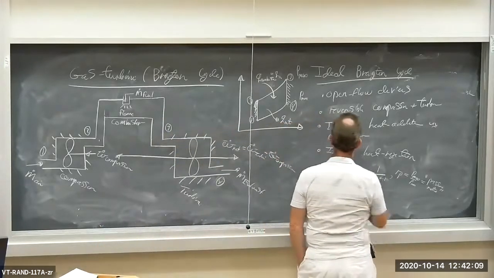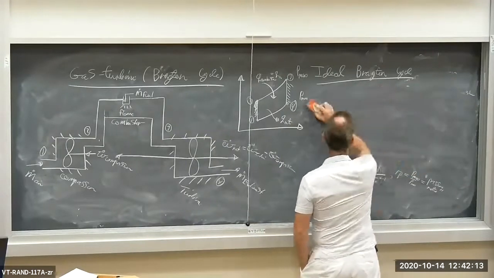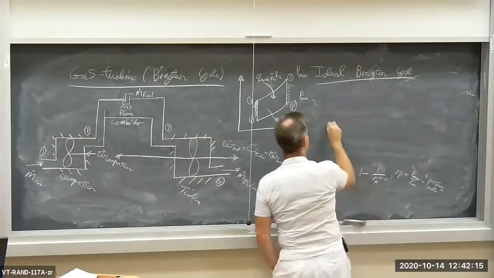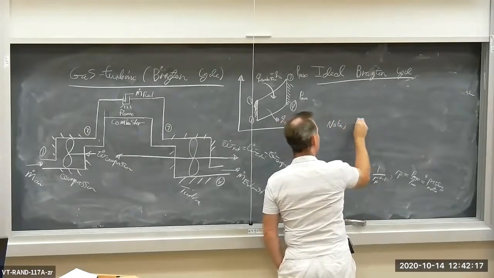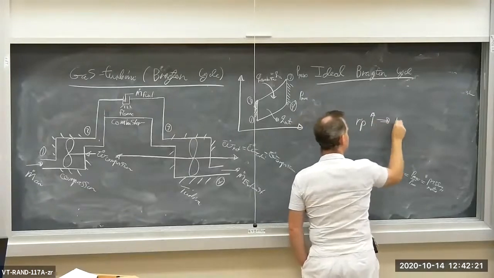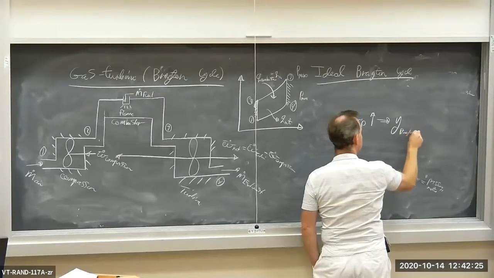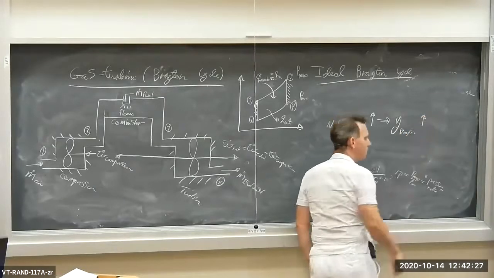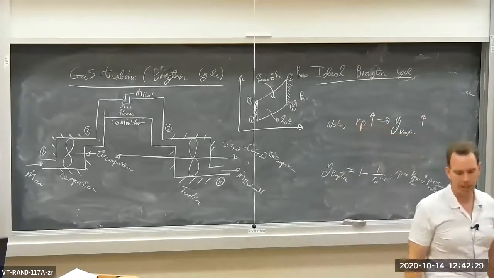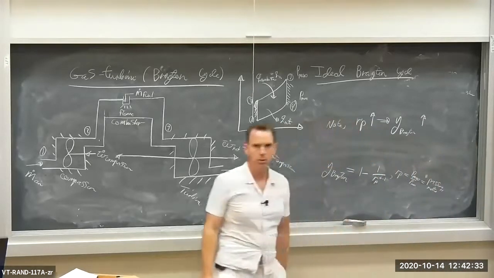So note, as the pressure ratio goes up, the efficiency of the Brayton cycle also goes up. Currently, pressure ratios, depending on the engines, are about 30 or so.